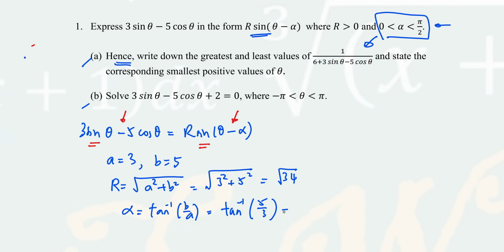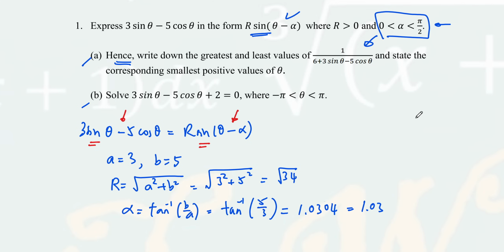So now I will write my answer as 1.0304. But since you need to express in this form, I will round it later. I give more significant figures here first because later I might use this value for the calculation. So for the next calculation, we will be using the value with more significant figures.